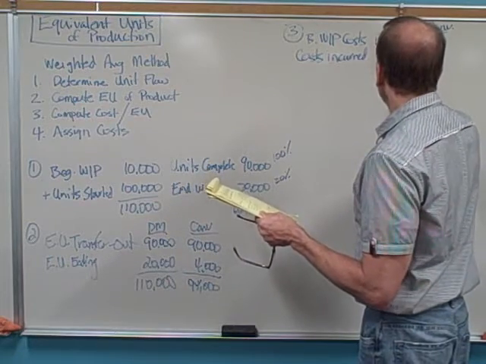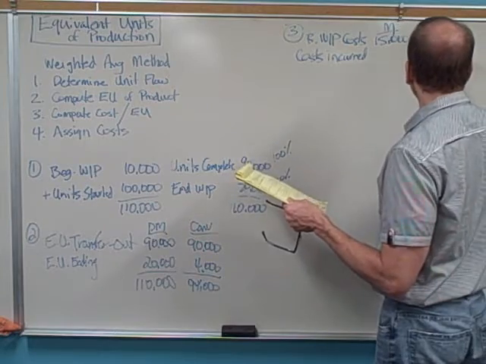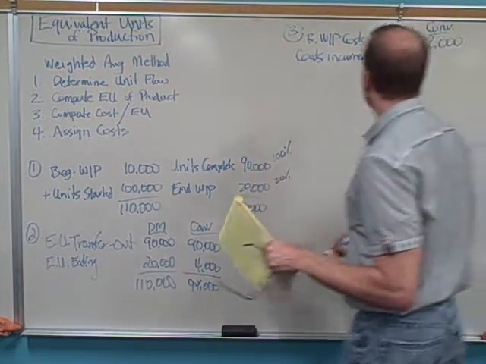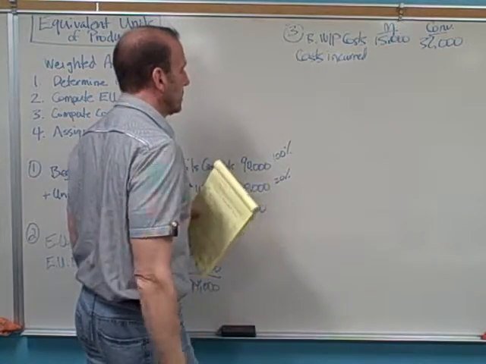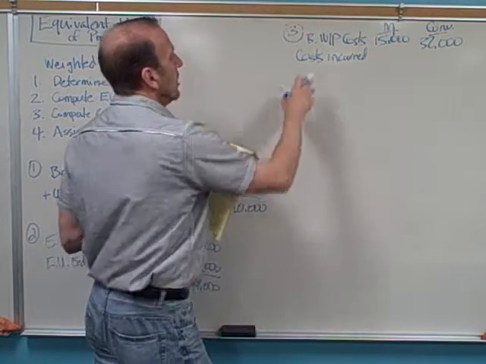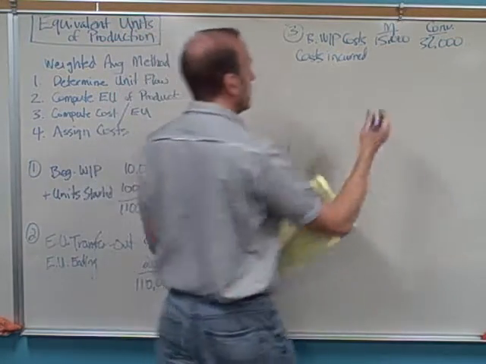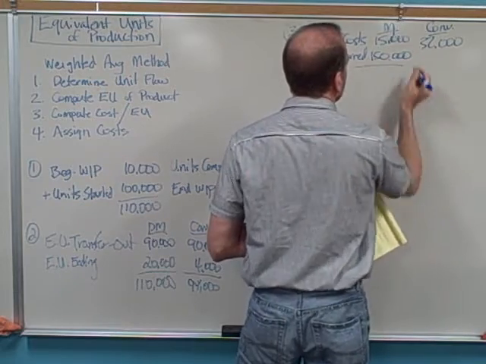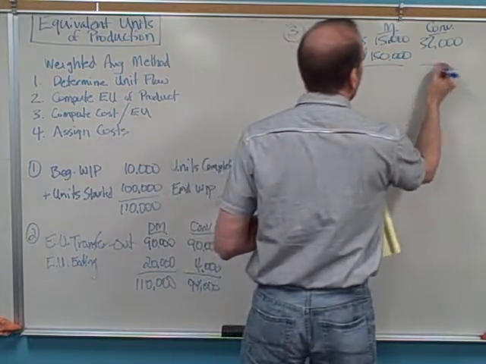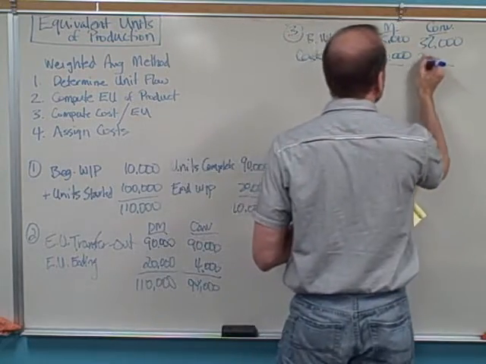I'm giving you 15,000 for materials and 32,000 with respect to conversion costs. The costs incurred this period so far were 150,000 of materials, and additional conversion costs that have been added are 250,000.